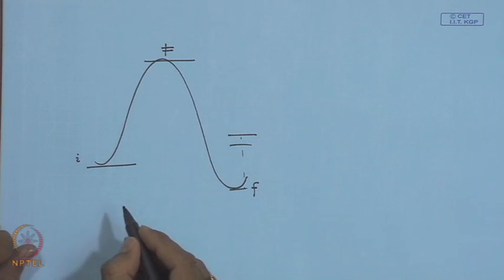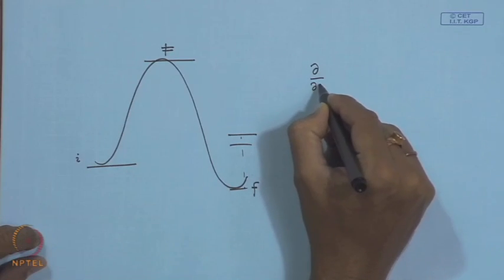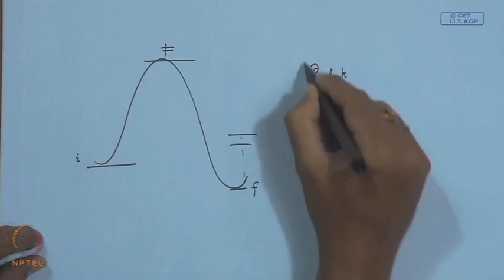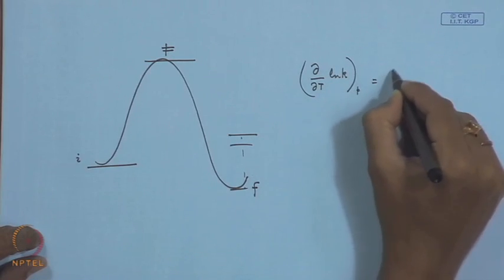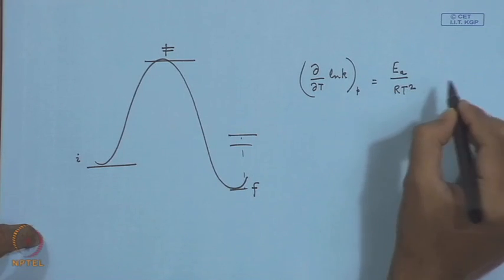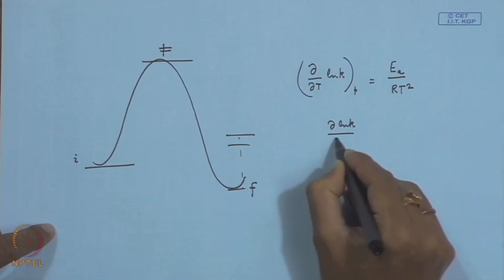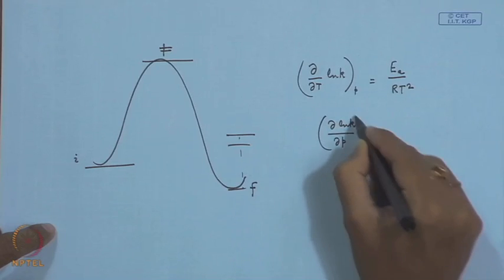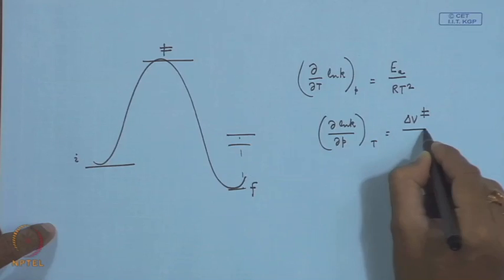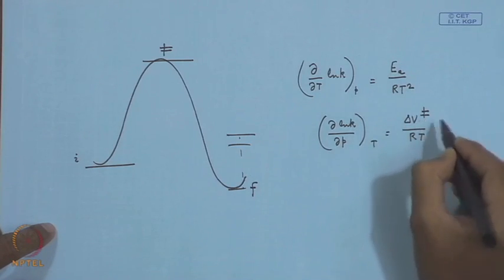So, the expression is del ln k del T at constant p is equal to E A by R T square, and del ln k del p at constant T is equal to delta V by R T. So, this is energy of activation, this is volume of activation.